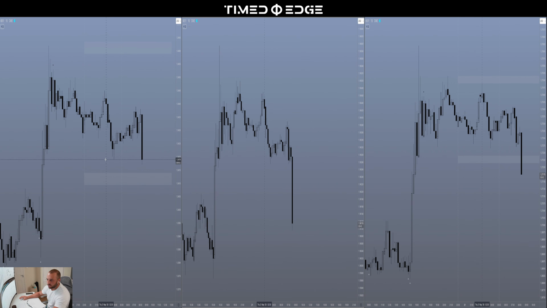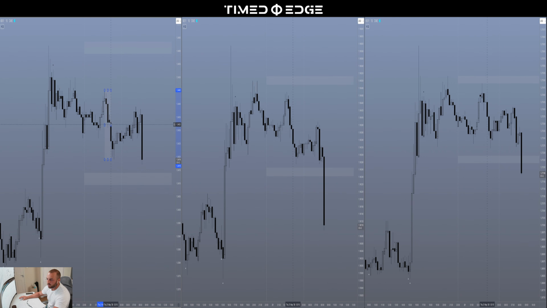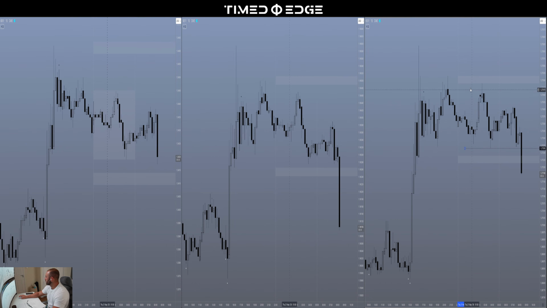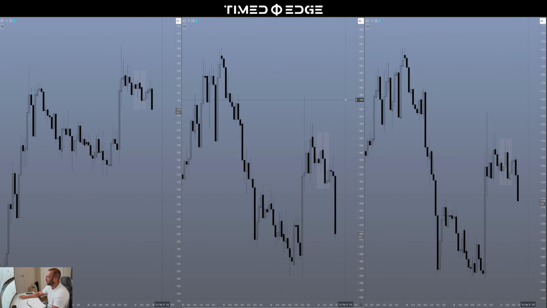I forgot I haven't profiled Asia for currency futures. Just quickly do that, jump on the 15. Someone knows something I don't, clearly. Massive push.